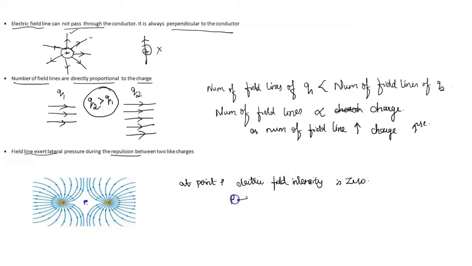This point P is known as the neutral point. So these are the 7 properties of electric field lines, and this is a very important topic in this chapter.